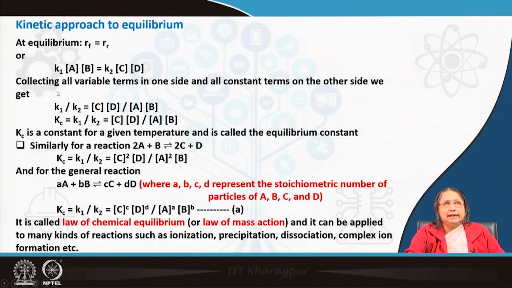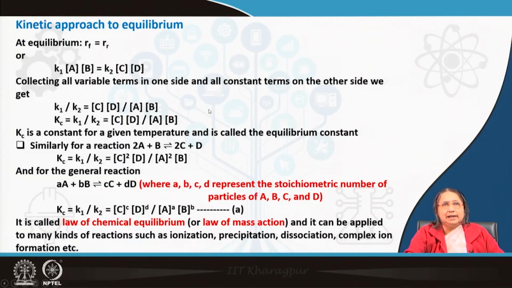Now, collecting all variable terms on one side and all constant terms on the other side, K1 by K2, which is another constant that can be represented by Kc or K, is nothing but the concentration of C into the concentration of D by the concentration of A into the concentration of B. This capital K is called the equilibrium constant. So, this is the most simple case.